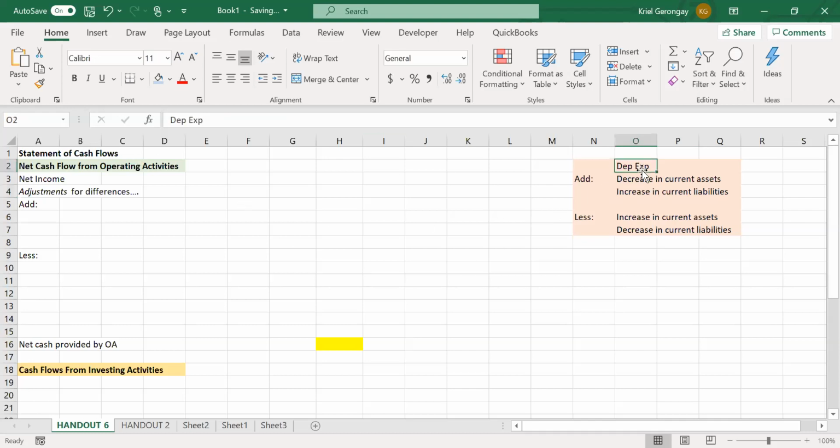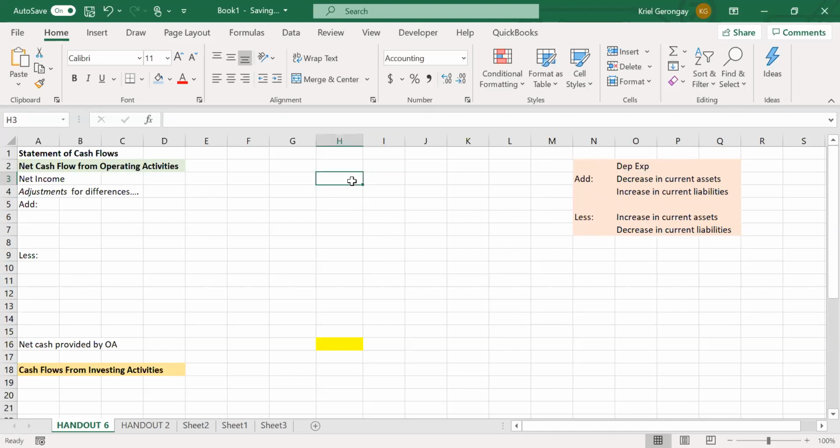If there is a depreciation expense, it is automatically an increase to your cash flow, and a decrease in current assets will count as add. An increase in current liability will also be added. This will make more sense once we're doing the entire problem.